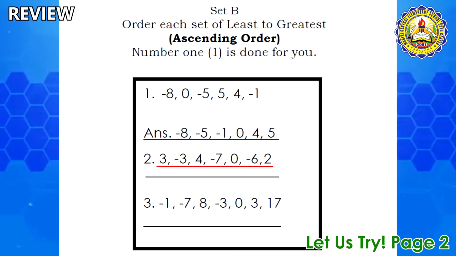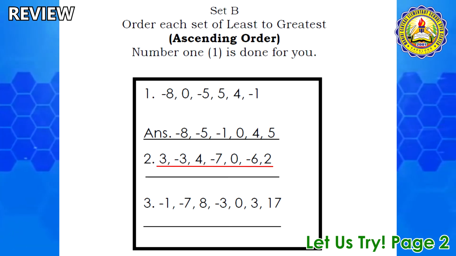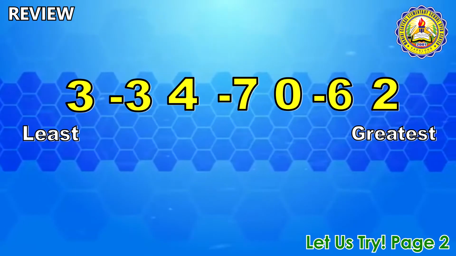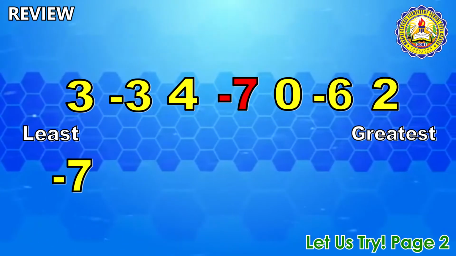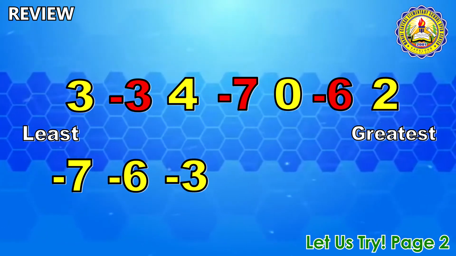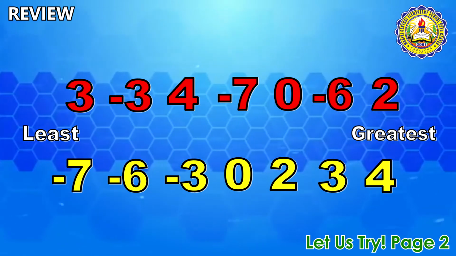3, negative 3, 4, negative 7, 0, negative 6, 2. The correct sequence is negative 7, negative 6, negative 3, 0, 2, 3, and 4.